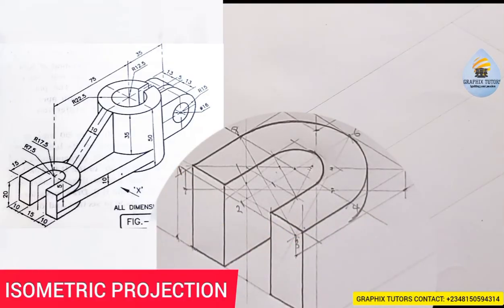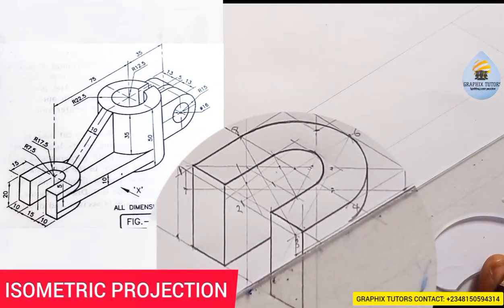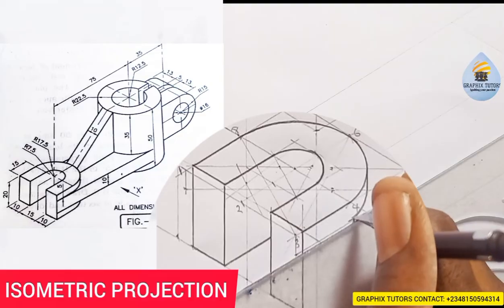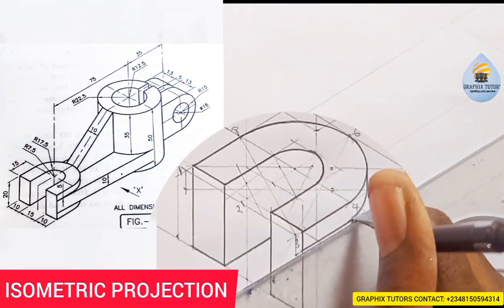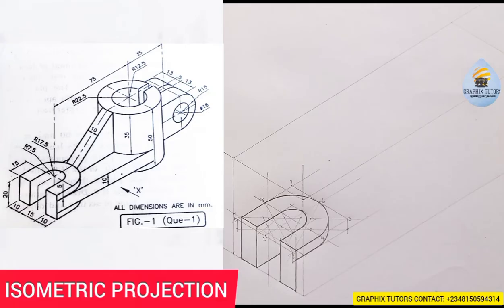So once I've done that, I can now take this from here to just touch here first. Hope you can see that, as shown in the figure on the screen. Then the thickness from here to here is 10.